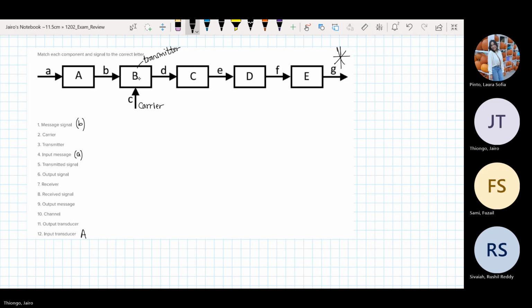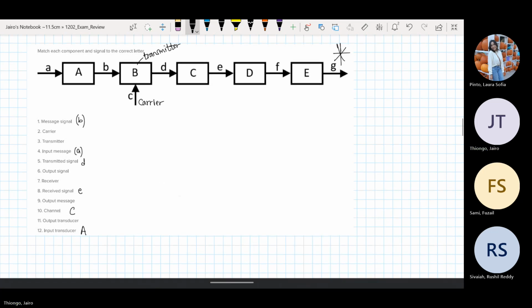And then D, we have the transmitted signal. And then for C, we have the channel, uppercase C. And then for E, we have the received signal.